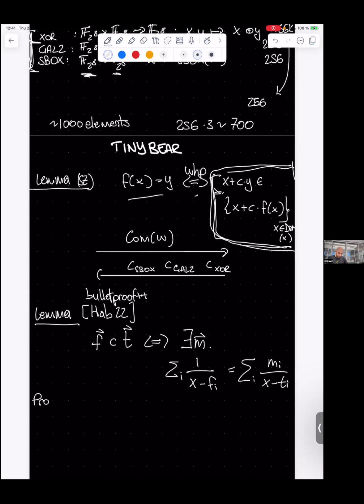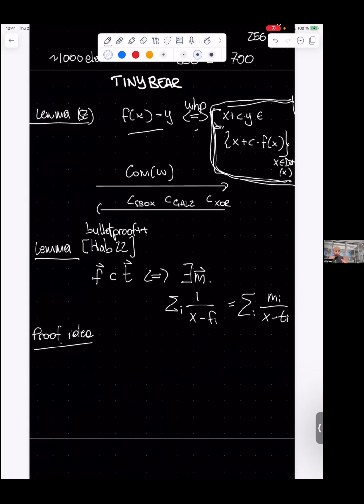So the proof intuition for this, this is already previous work. What we do in our work is that we assume that the table is easy to compute, so we play a little bit more with this idea.